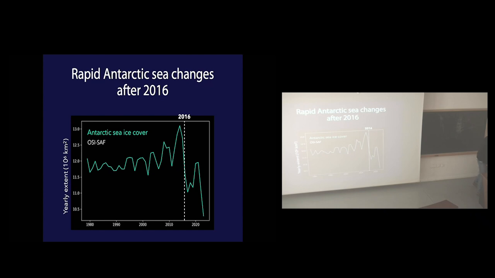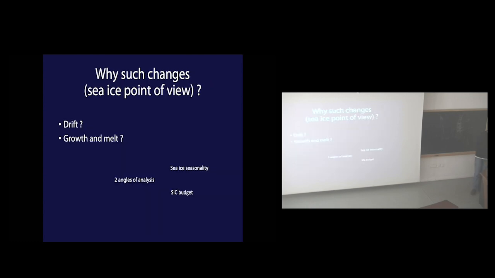Voilà. So the question that is treated here is that we have rapid Antarctic change in terms of Antarctic sea ice coverage after 2016. And the question I will address in these five minutes is why do we have such change from a very sea-ice point of view?